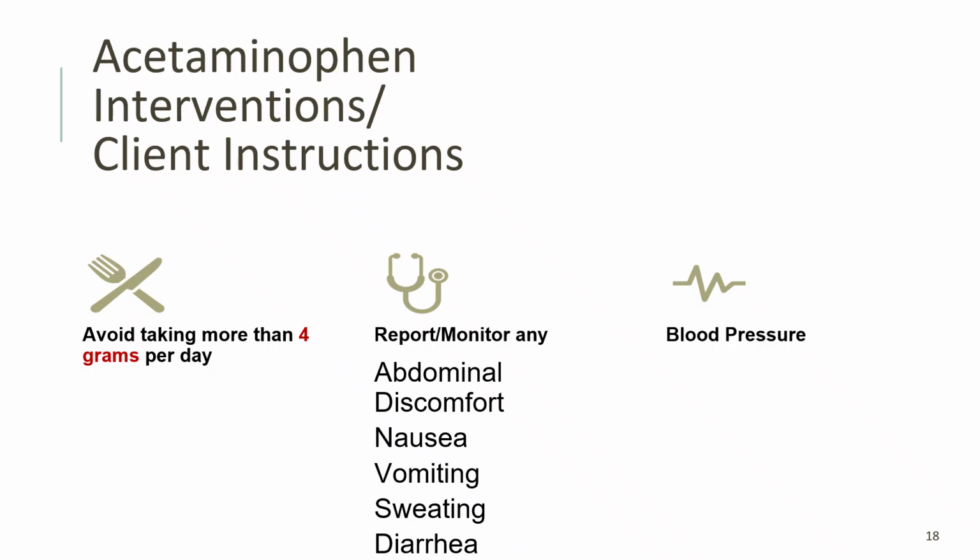What do we get from that? We get abdominal discomfort, nausea, vomiting, sweating, and diarrhea. And if you use this for a longer time period, especially in females, you have increased blood pressure issues. So you can overdose on acetaminophen, but mostly it's going to hit about 48 to 72 hours again in the liver.